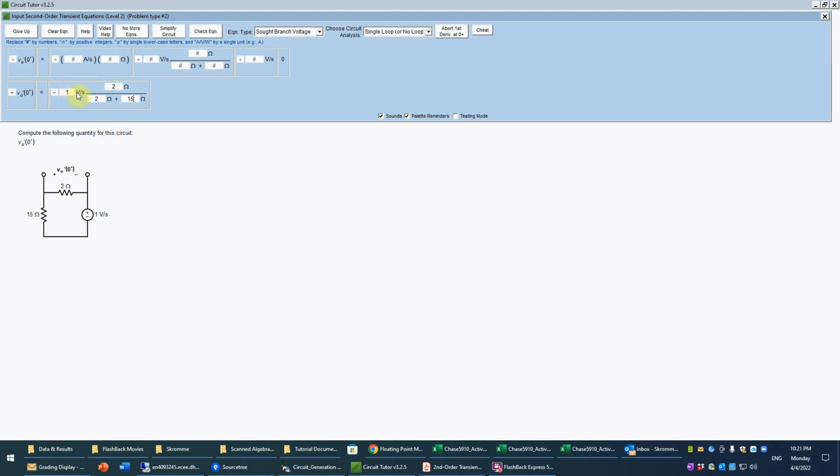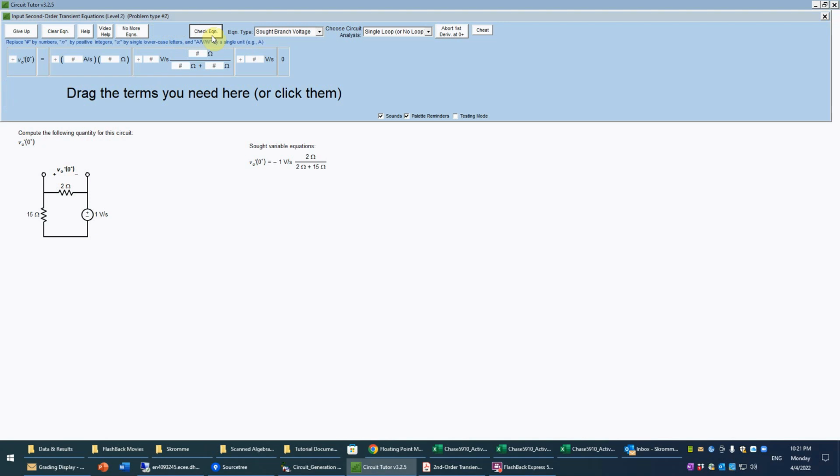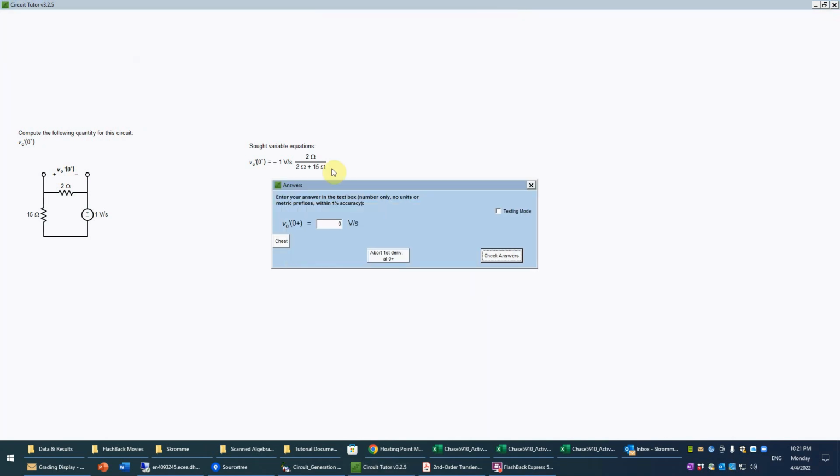And remember that this voltage, or voltage per second really, divided by the resistance, that's the current, and then the current multiplied by the 2 ohm gives us this voltage. That's why the formula looks the way it does. Okay, so we check that, and that's all we need here. So now we're just going to do the numerical calculation on the calculator. So that's basically just negative 2 over 17.